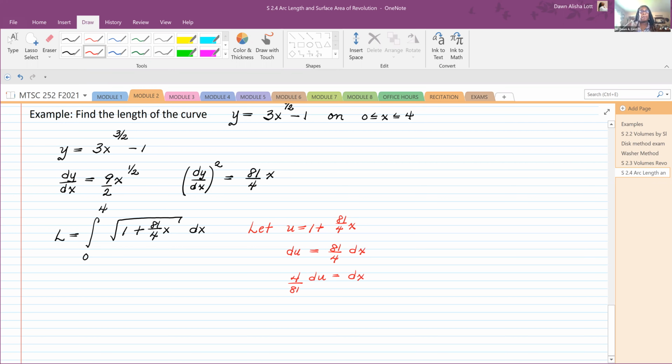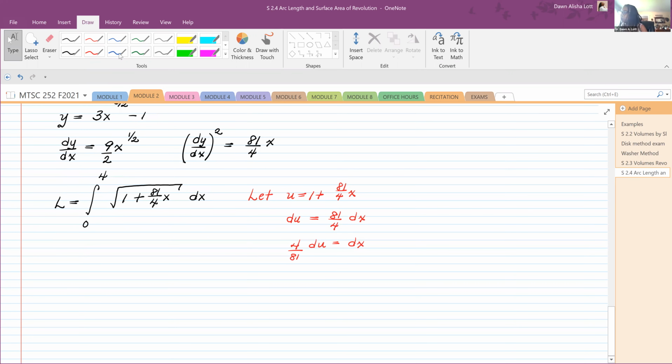When x is equal to 0, u is equal to 1 plus 0, so it's 1. And when x is equal to 4, when I put 4 in here, it gets rid of the 81, gets rid of the 4, gives me 81 plus 1, I get 82.